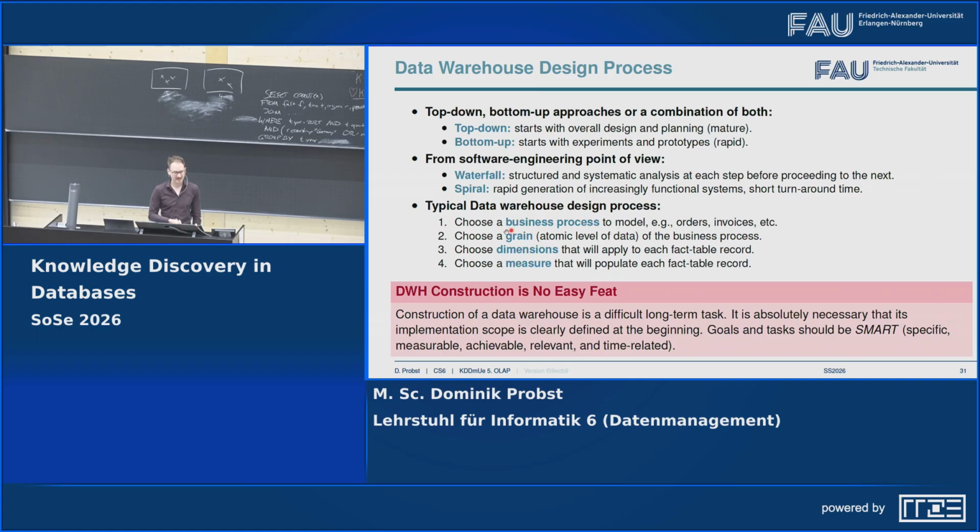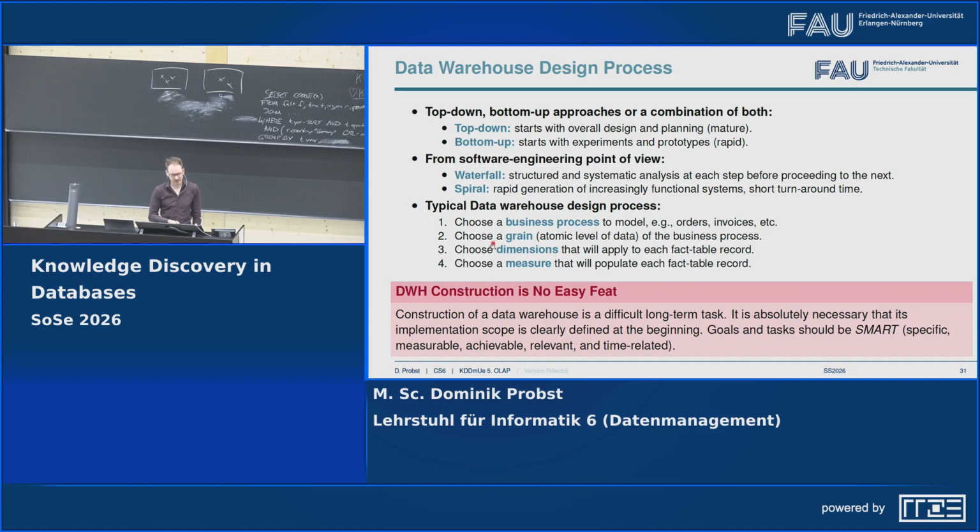Then we select the grain of data, so how fine granular should the single data points in our data cube be. We can also start with pre-aggregated data in a data warehouse. So we can have data per day instead of single sales, for example. Save some space. Of course, you can do less precise analysis with these data.